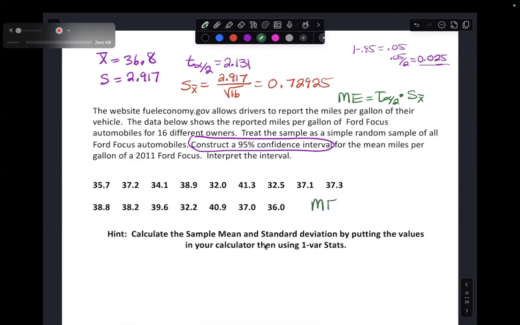My t-value, 2.131 times 0.729. And that'll be our margin of error. My margin of error is approximately 1.55. That's a good number.